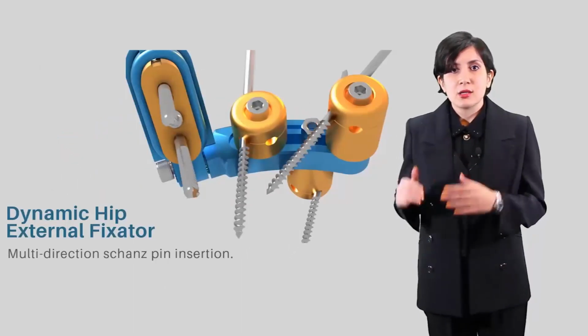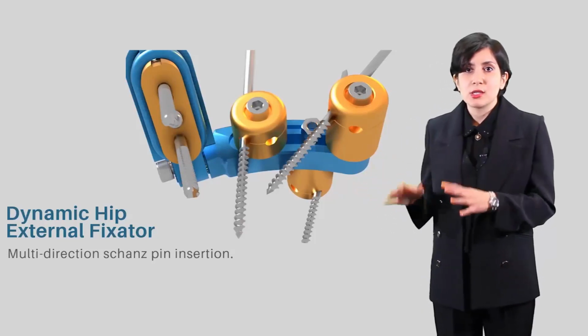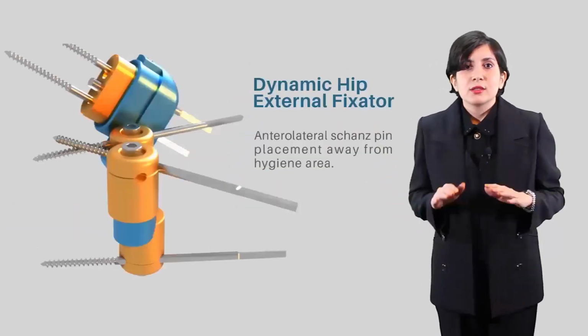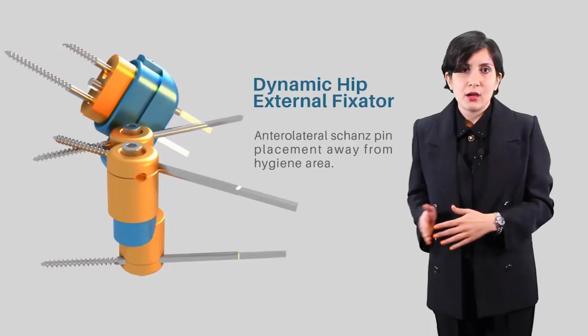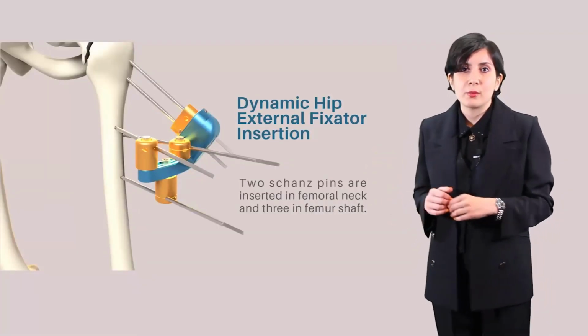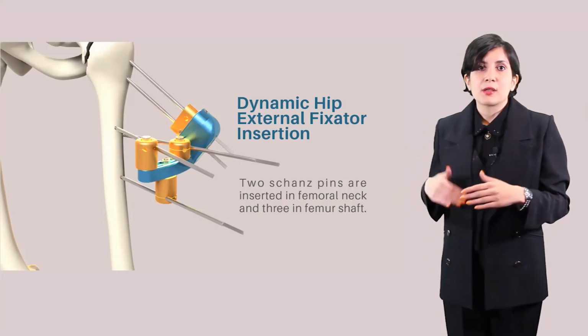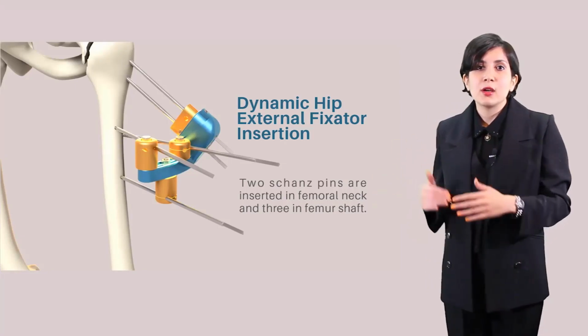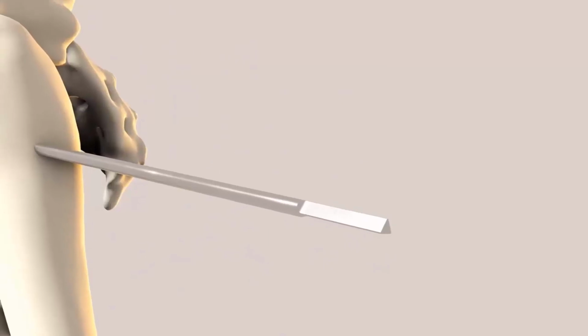We can fix the shunt pins in multiple directions, so simple with this external fixator. The shunt insertion is away from the hygiene area, and this is how we implement the external fixator on a patient. Two shunt pins are inserted in the femoral neck and three others in the femoral shaft.